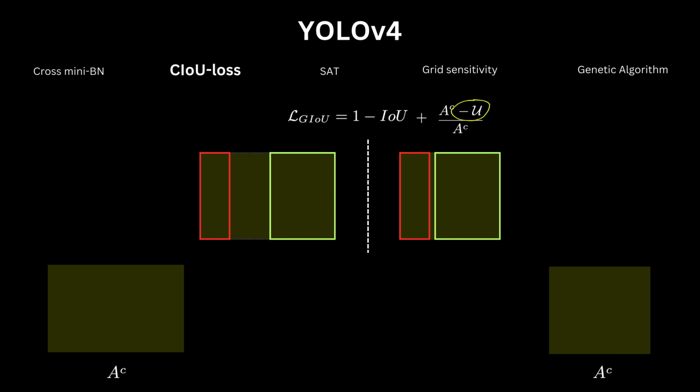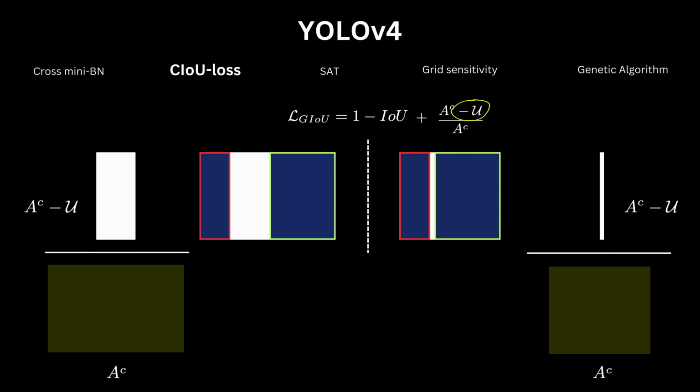For the left scenario, the sum of areas of blue region is the union, which means the numerator is this white region. Similarly, for the right scenario, these are the box areas, and excluding union of these, we get this white region. So the penalty term represents a normalized measure of empty area between the two boxes, and closer the boxes are, lower this empty area is.